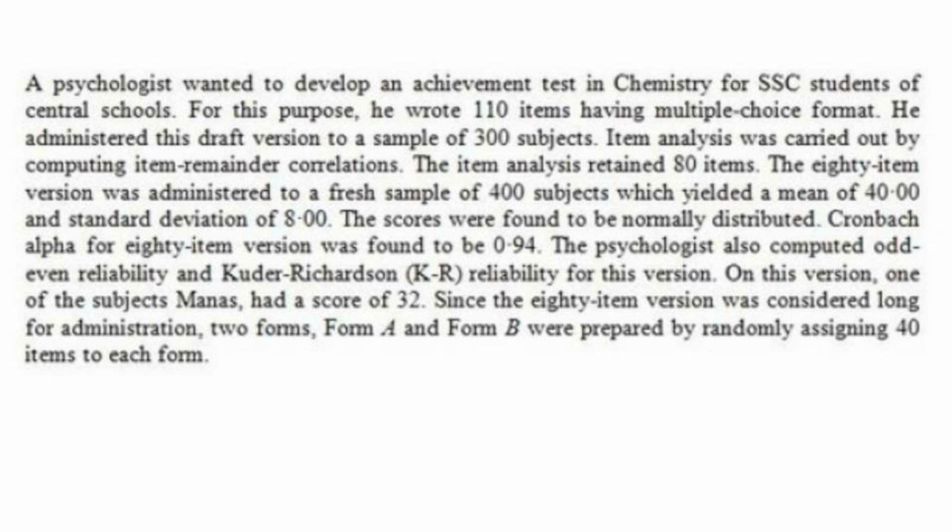The psychologist also computed odd-even reliability and Kuder-Richardson reliability for this version. Remember, Cronbach alpha and Kuder-Richardson reliability must be almost the same. It's an extension of Kuder-Richardson reliability, with KR 20, 21, 23 equations. Both follow the same pattern, so these two could be the same.